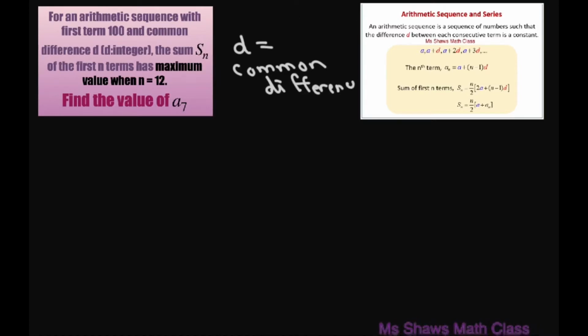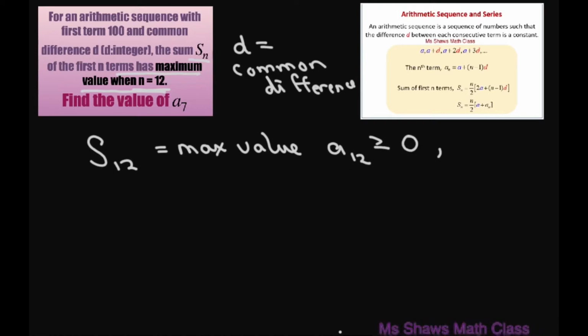For this one, since S sub 12 is a maximum value, because the sum has a maximum value when n equals 12, that means the 12th term has to be positive.